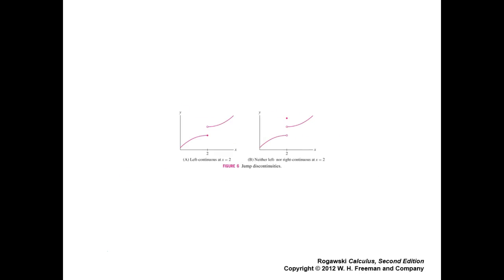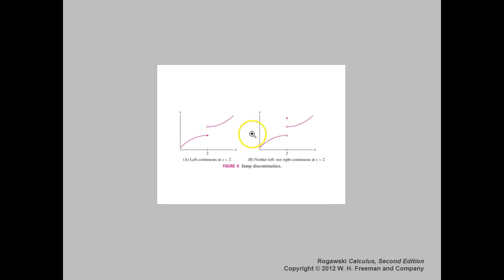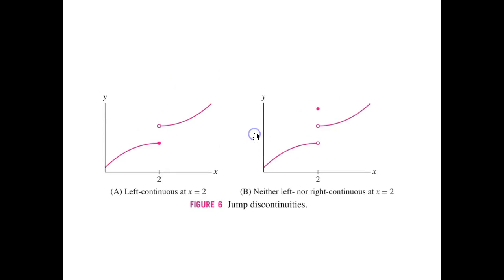This one, however, is what they call a jump discontinuity. This function has a limit as x approaches 2 from the left. It has a limit when x approaches 2 from the right, but they're not the same.